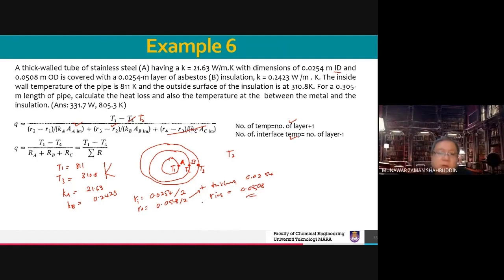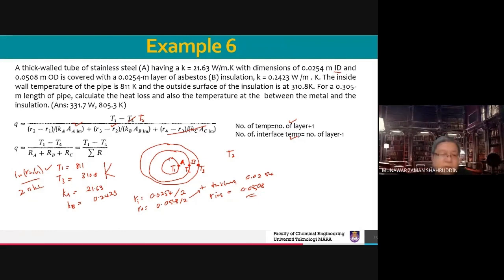So once you have those R, you can use the resistance as ln R2 over R1 over 2 pi KL. Then you don't have to compute for A log mean. So this one is even easier.